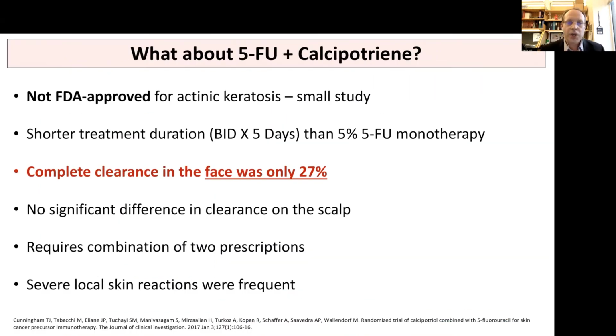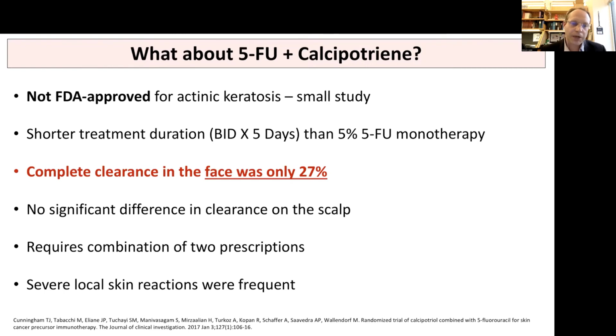So since we showed some 5-FU data, I just want to briefly touch on this concept of combining 5-FU with calcipotriene. I wanted to point out that it's not currently FDA approved for actinic keratosis, and it's based on a small study where it was thought that the calcipotriene could lead to a shorter duration treatment, so twice a day for 5 days, when the two are used in combination rather than the 5-FU monotherapy alone.